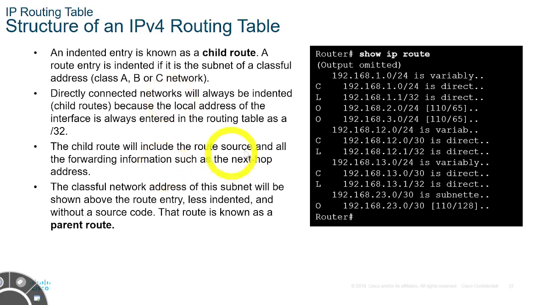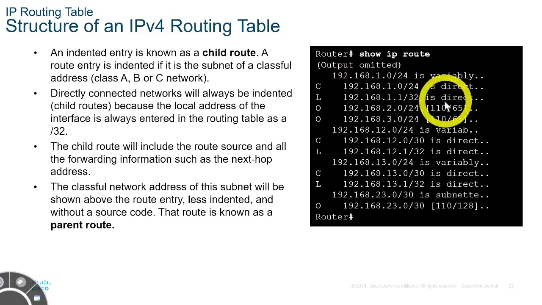Here, we have this routing table. Okay, so the IP route, this is the first IP address. So this is not indented. Here indented, this one, this one, this one, this one. So an indented entry is known as a child. These are the child addresses.